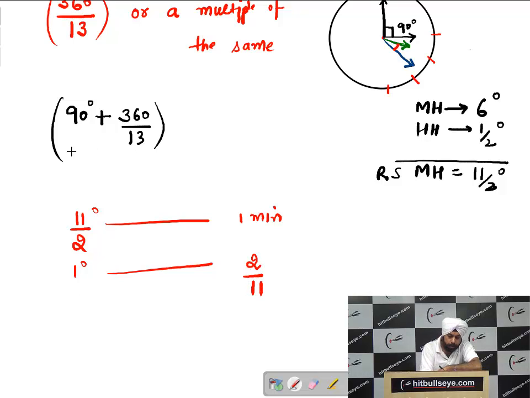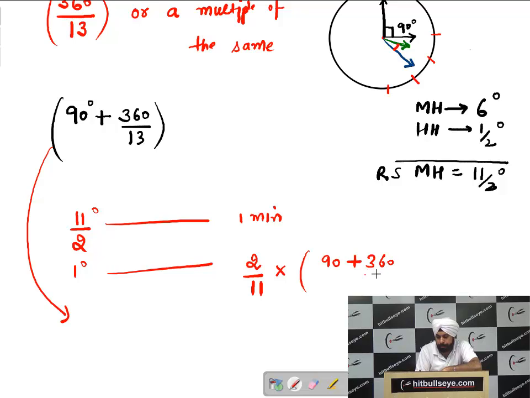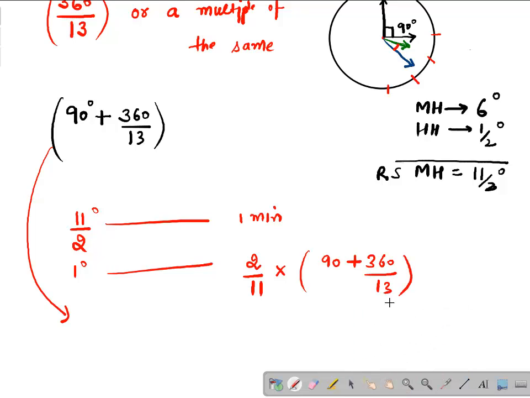So it will cover all that stuff in how much time, students? So this will come over here 90 plus 360 by 13. You need to take the LCM, students. 2 by 11 into 13 into 90, 1170 plus 360 by 13. Let's solve it here.